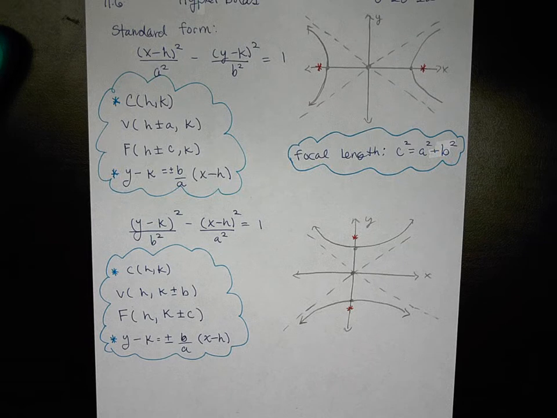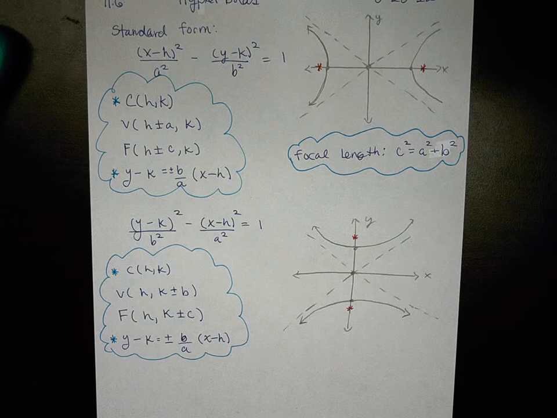Okay, so what determines which direction it opens, or where the foci are, where the vertices are? What determines all of that is what variable comes first. If x comes first, you think, which direction does the x-axis run? Up and down or right and left?